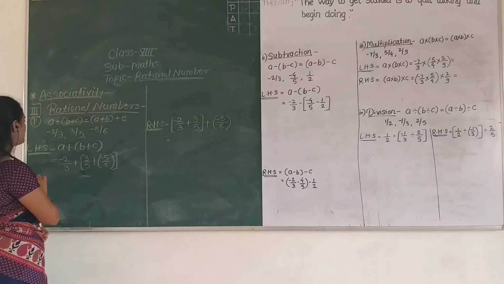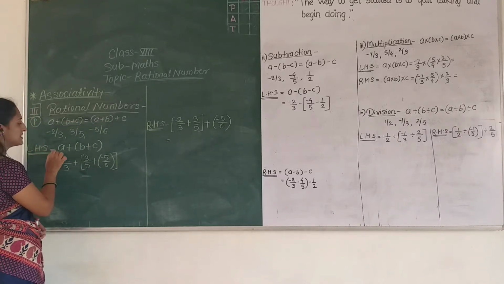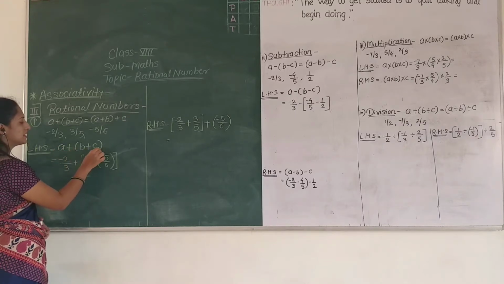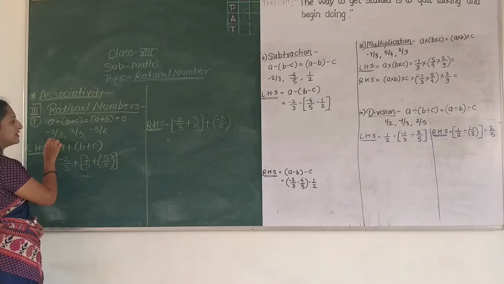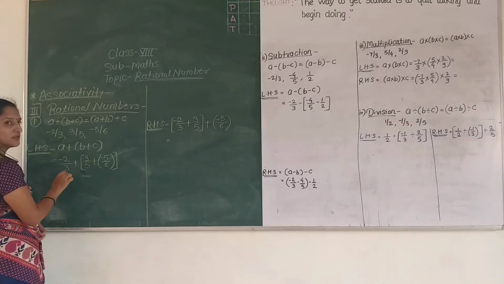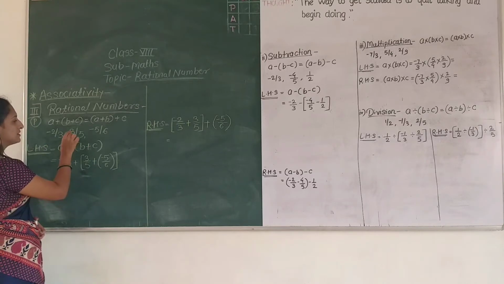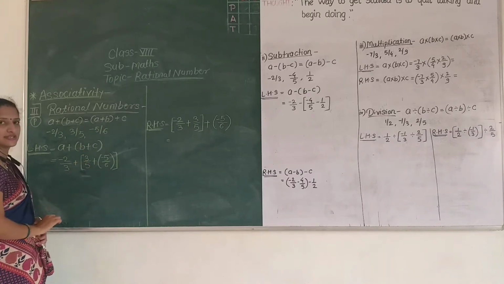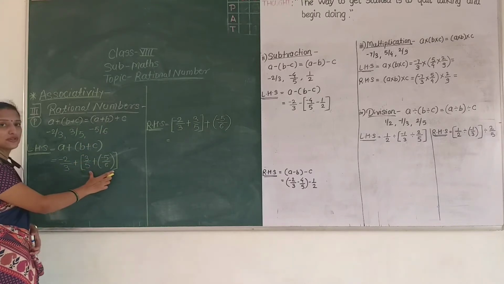Okay. So now LHS is equal to A + (B + C). I take the values here. The value of A is negative 2 upon 3, plus 3 upon 5 plus negative 5 upon 6. Okay. Now first we have to solve the bracket.